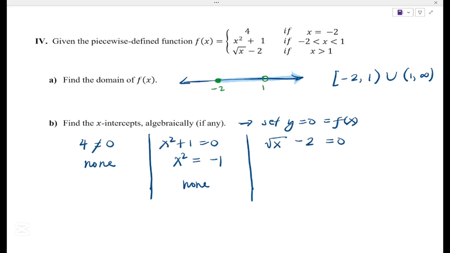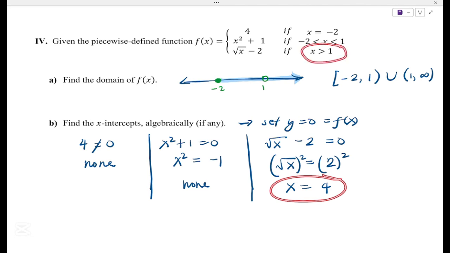For the third equation, the domain is x greater than 1. So let's see. If we solve this, square root of x is equal to, moving negative 2 to the other side, positive 2. And then squaring both sides, because we're solving the equation, x is equal to 4. Now we have to check if this 4 is in this domain, and it is.